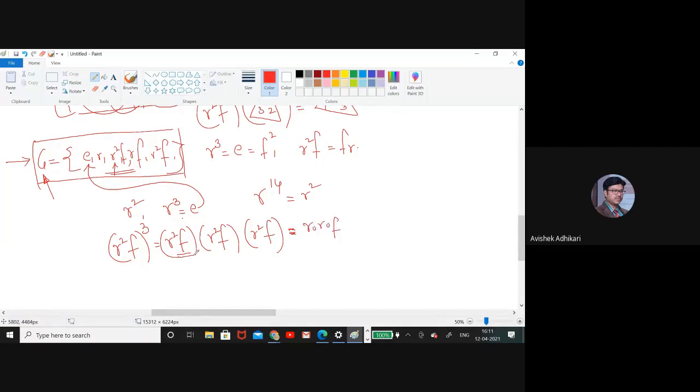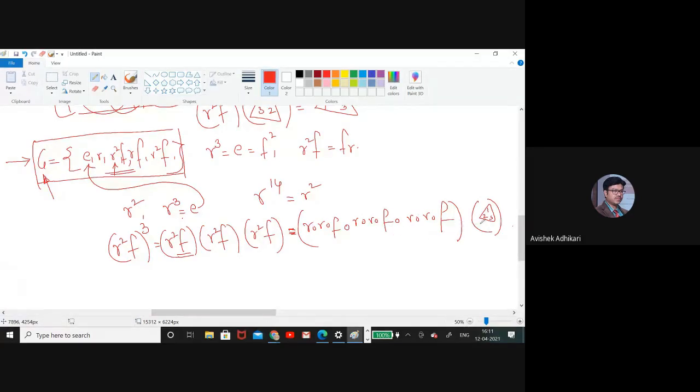That means you have written it like this, again r composition f, then again r composition f. Now apply it on a triangle, 1, 2, 3, and check what will happen.